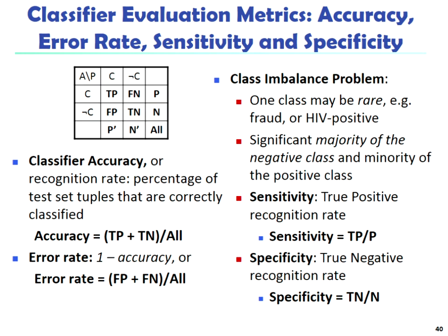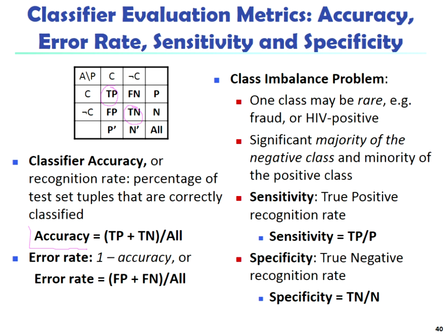Classifier accuracy, or recognition rate, is the percentage of test set tuples that are correctly classified. So in our confusion matrix, to calculate the accuracy: TP plus TN, divided by all. And the error rate equals 1 minus accuracy.